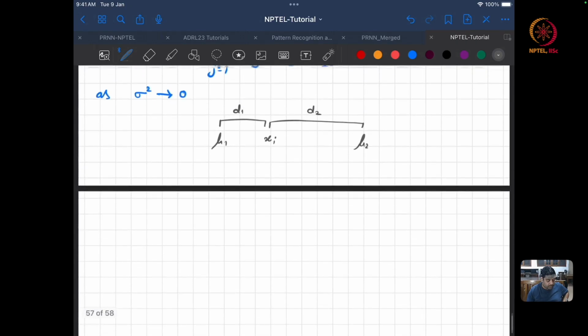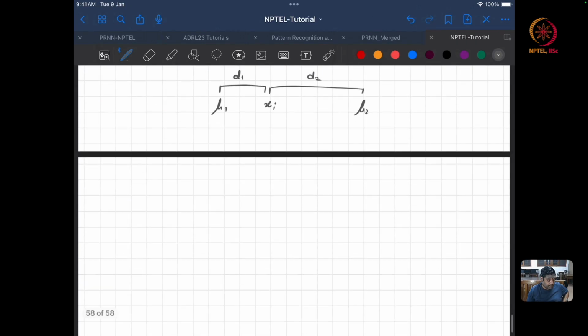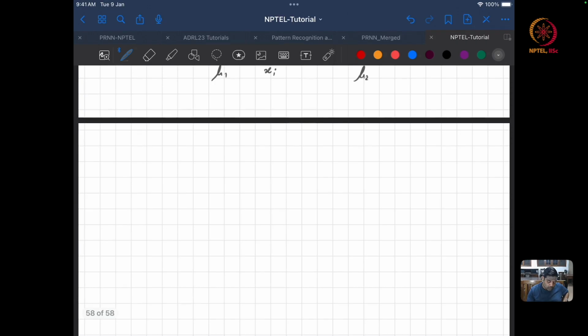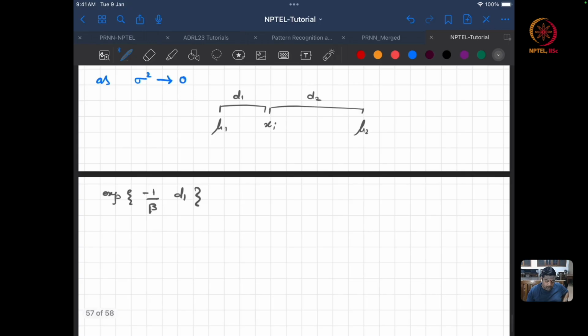So in the denominator you will get exp of minus 1 over some beta times d1, plus exp of minus 1 over beta times d2.